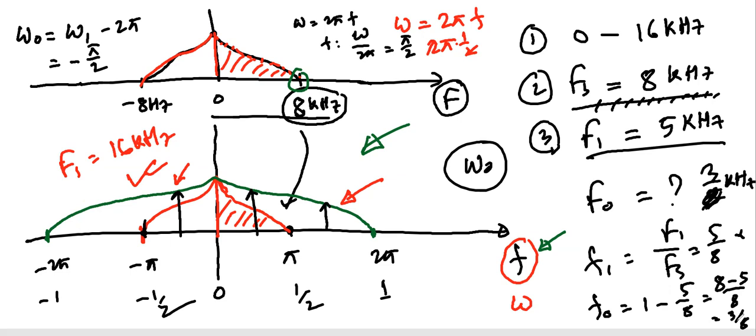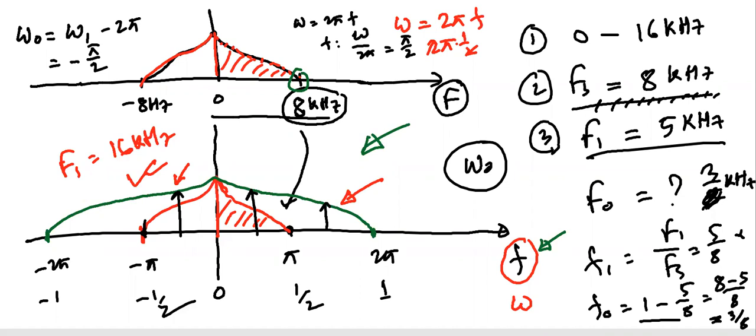Because before or after 1, you will find this value. You can do it like this: 5 by 8 minus 1. That is also fine. You will get minus 3 by 8 and make it plus 3 by 8, because the minus frequency and the plus frequency are the same.